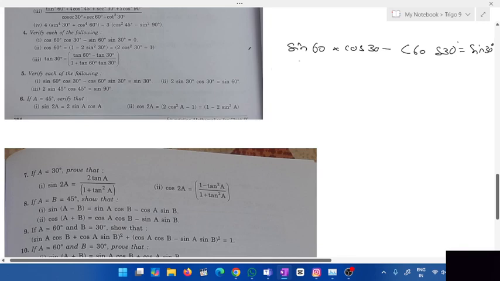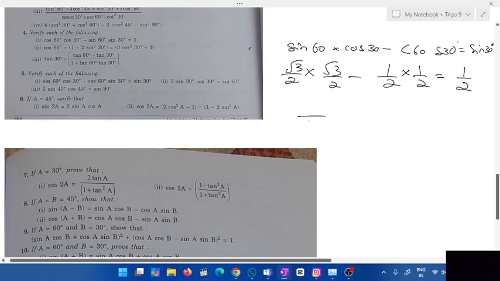How much is sine 60? Root 3 by 2. Into cos 30, root 3 by 2. Minus cos 60 is 1 by 2 into 1 by 2. And how much is sine 30? 1 by 2.